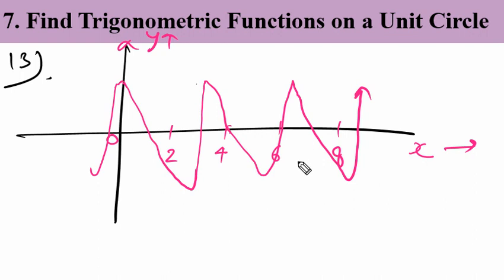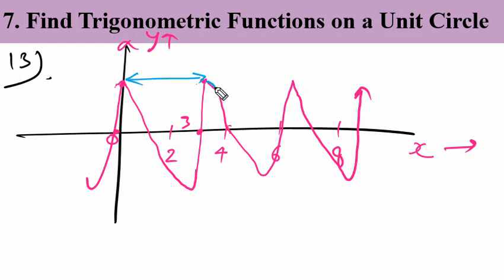Now if you look at this graph closely, where do you think it is repeating itself? Now if you look from here, this is going from 0 and this is somewhere around, let's say this point is in the middle, so let's say this is 3. So if you look at this structure from this point 0 and it is coming here up to 3, this is completing one cycle here, right?